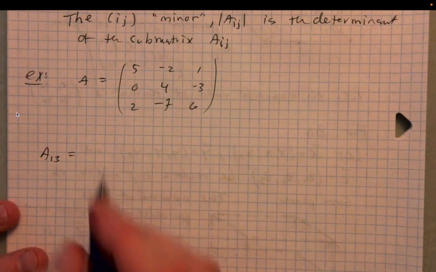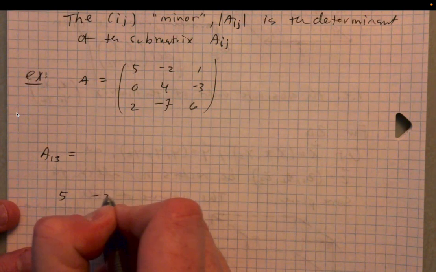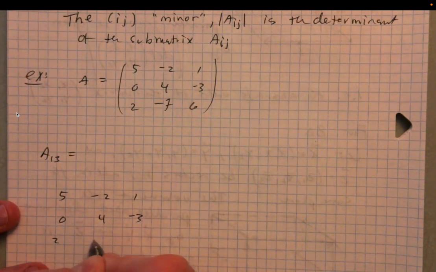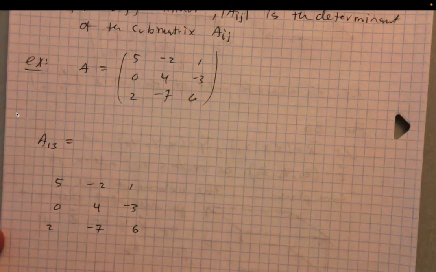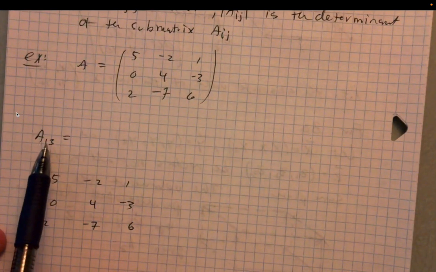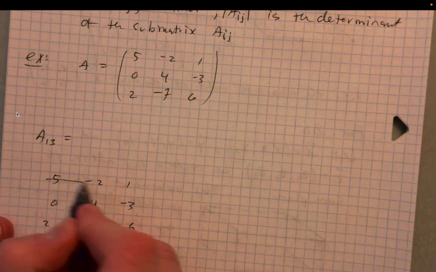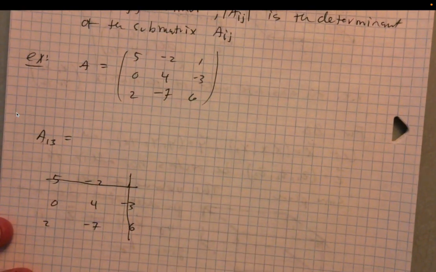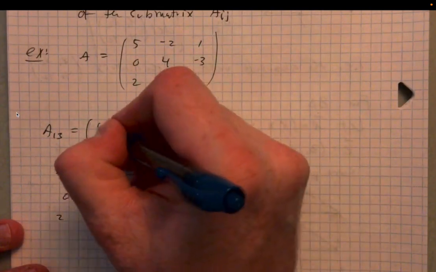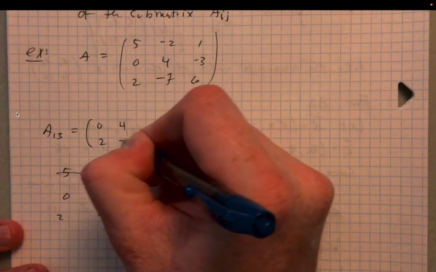Think about the matrix itself in its entirety. A13 is the submatrix obtained by deleting the first row and the third column. You can think of just blocking those out, right? And so that means the A13 submatrix is 0, 4, 2, -7.